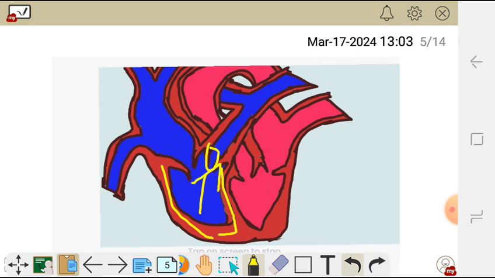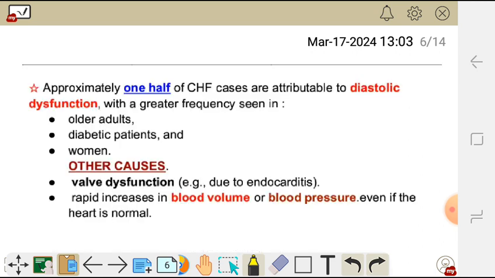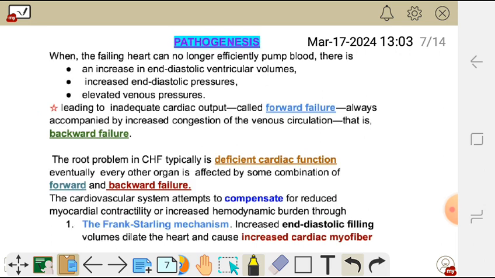The valves are not opening properly due to the inflammation, so that can lead to what we call heart failure. And rapid increase in blood volume can also cause heart failure. We also have increased blood pressure, as in hypertension. So those were the causes of heart failure.